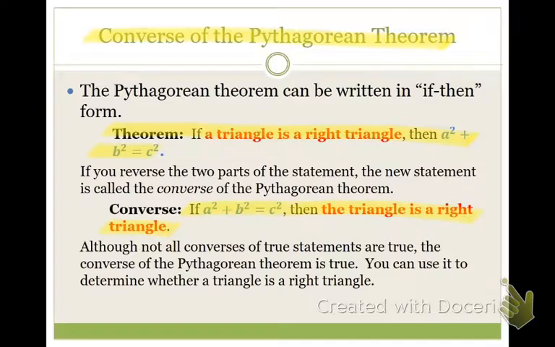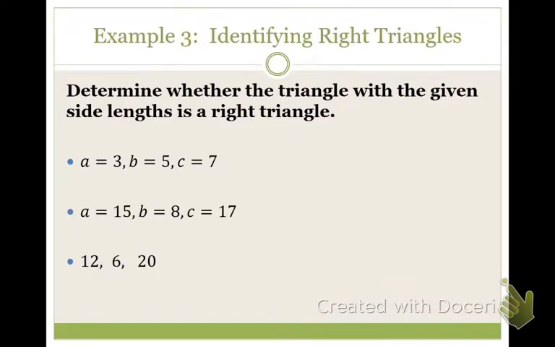All right, so let's look at example 3. In example 3, now all I have are side lengths. A equals 3, B equals 5, C equals 7. So I'm going to plug them in. Here's what it's saying. These are my side lengths. Do these sides form a right triangle?